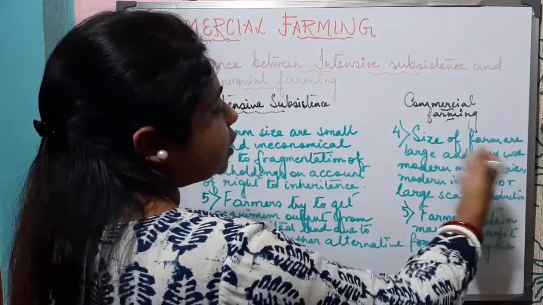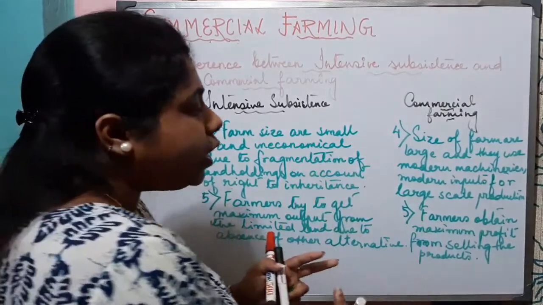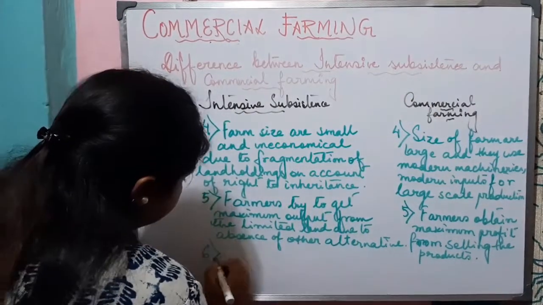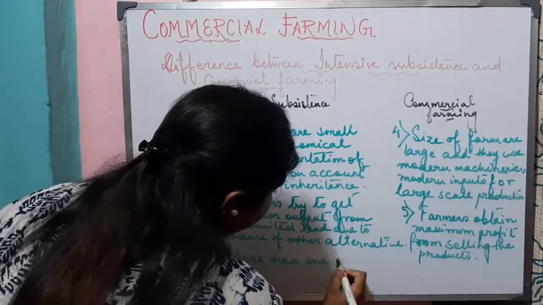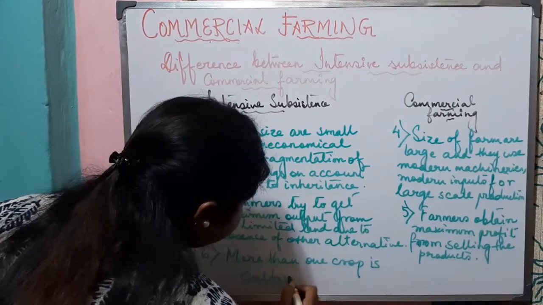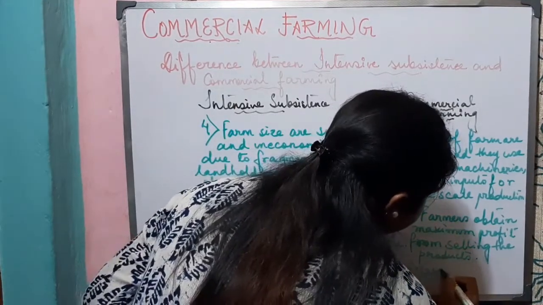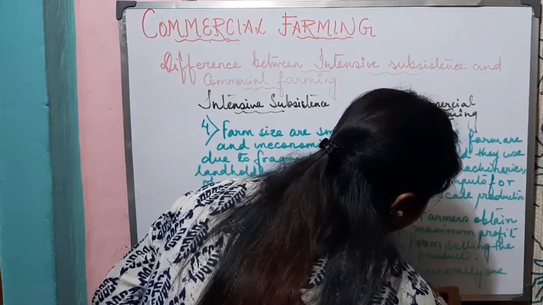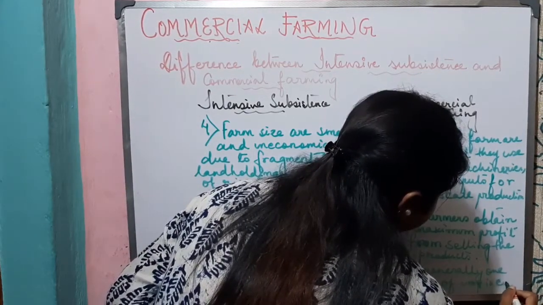So at a large scale they do the production so that they can sell the products and obtain profit from this type of farming. In intensive subsistence farming, more than one crop is cultivated. Here in commercial farming, generally one type of crop is cultivated.